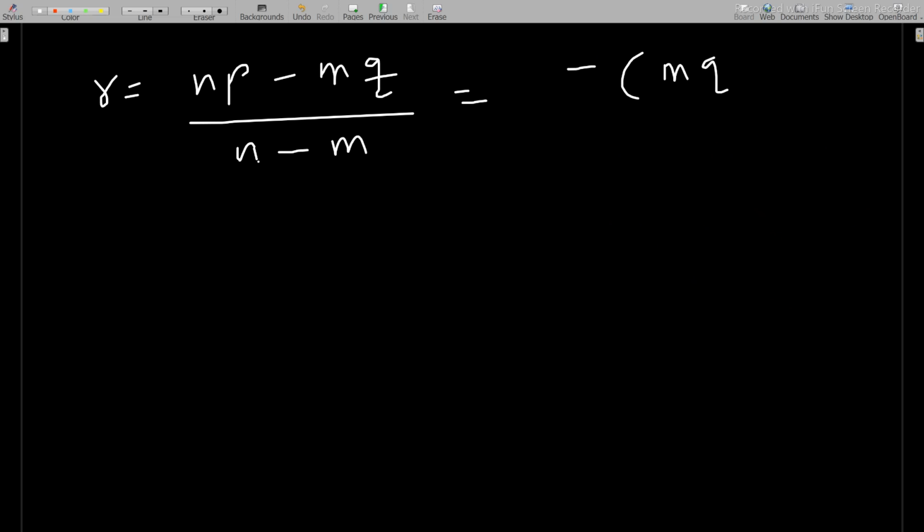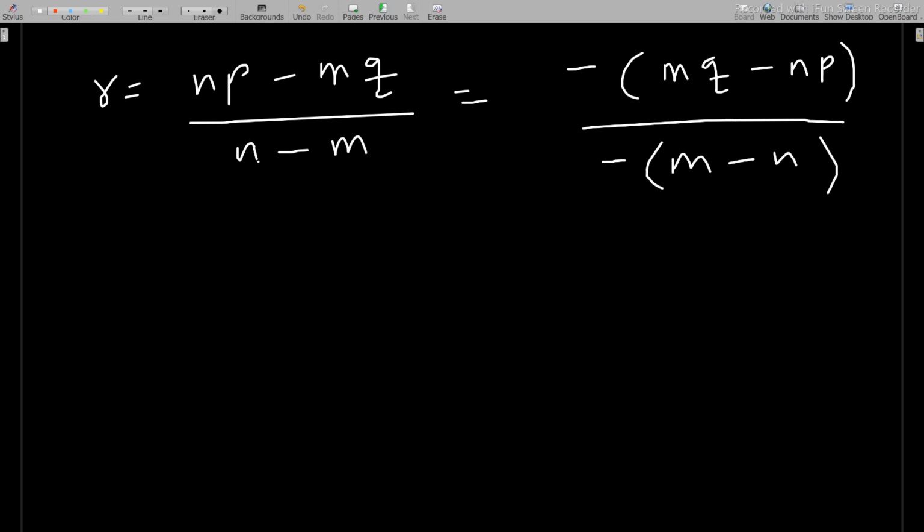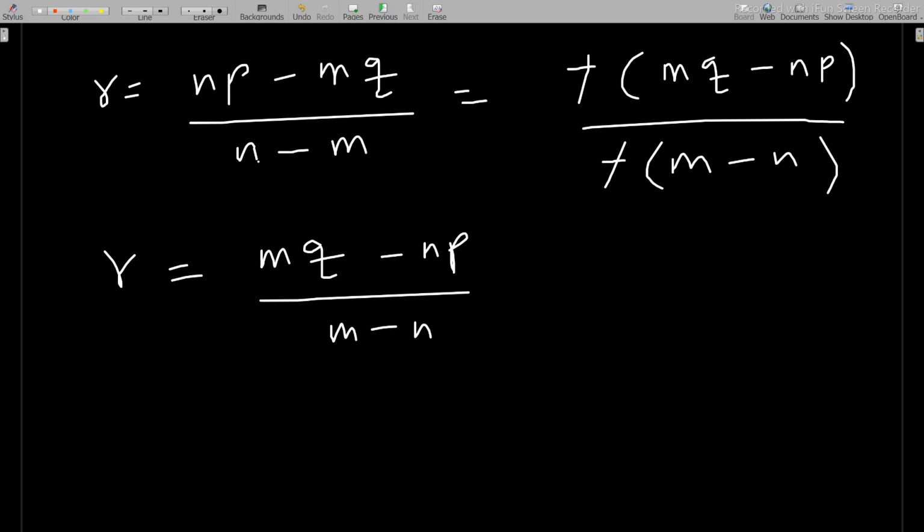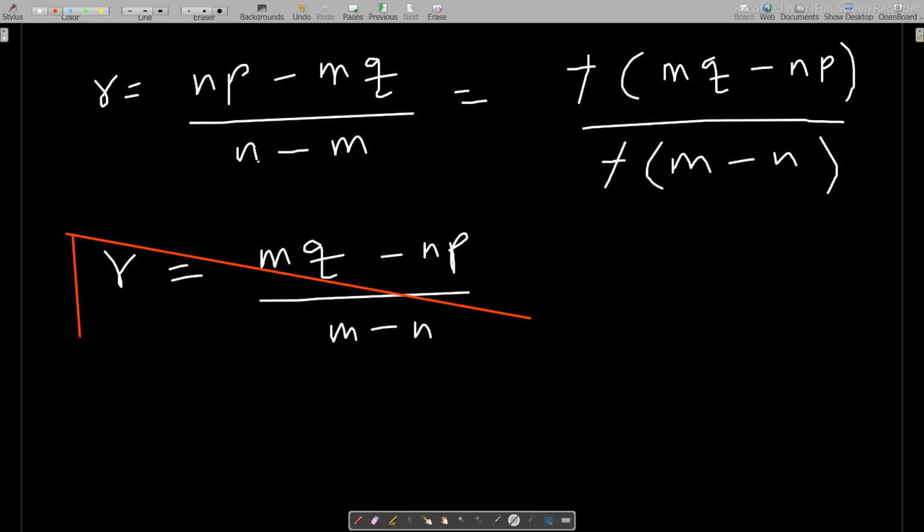Now if I factor -1 out in the denominator, I'll get M minus N, like that, and this will take this out. So I'll get my r to be equal to MQ minus NP over M minus N. So in the standard form, this is how the external division is also given. With the internal division, what I wrote was the standard form as well.